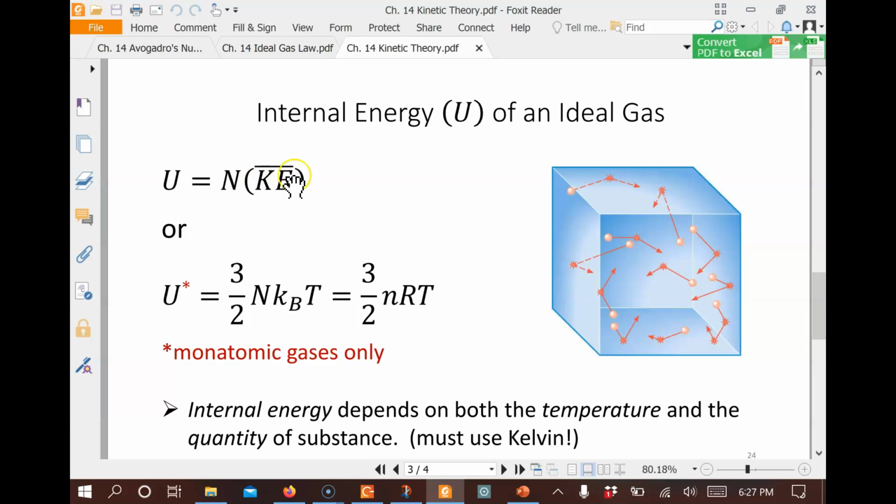If you know the average kinetic energy, the total internal energy of the gas is just the sum of all the kinetic energy. So if you know the average value of it, you just multiply times n, the number of particles, or helium atoms in this case, in the gas. You can also do it, if you want to use this equation here, 3/2 n kBT, and of course you saw that we just did 3/2 kBT originally. So we need to figure out what n is and then multiply by the average value of KE.